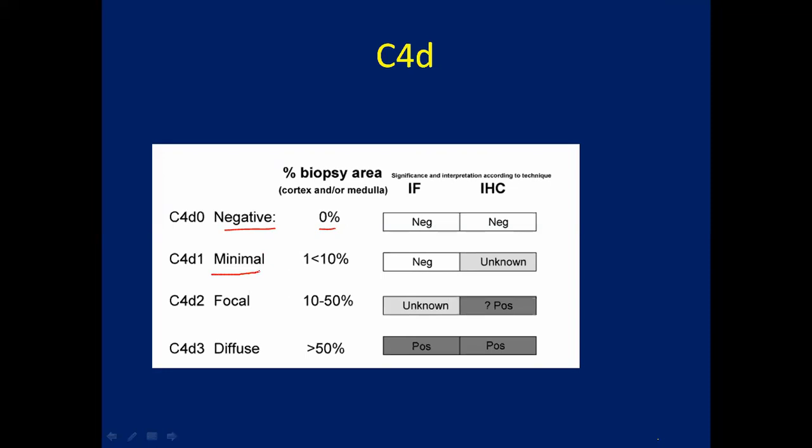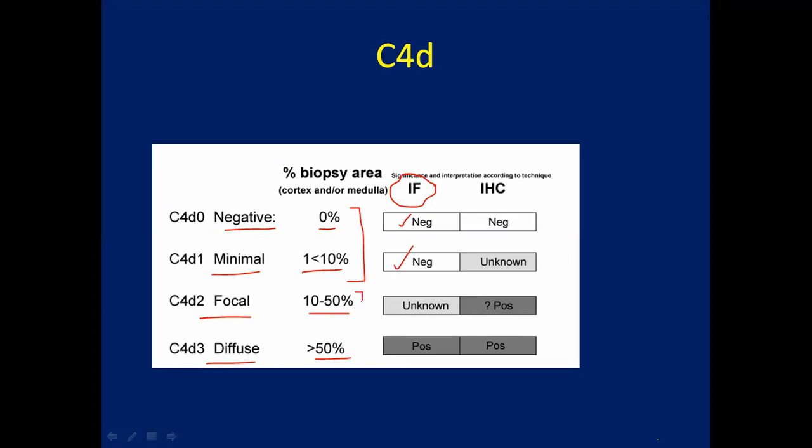C4d1 if there is minimal staining, 1 to 10%, less than 10%. C4d2 if it was 10 to 50%, and C4d3 or diffuse staining when it is more than 50%. And it was suggested that if you do C4d by immunofluorescence, then C4d 0 and 1 should be considered negative, as you can see here.